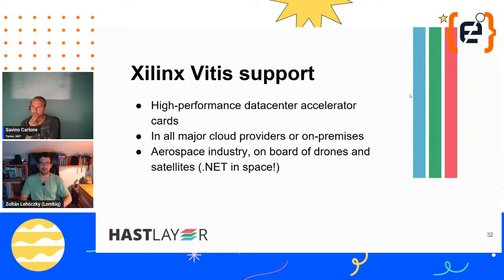It's not completely true like this, because with FPGAs, due to the intricacies of hardware development, you have to add support for each and every chip and each and every board. So that's still hard, but with Vitis, we at least support, well, first of all, high performance cards in data centers like Azure. And secondly, we also support such embedded systems like the one I've mentioned, which is available on board of drones and satellites.